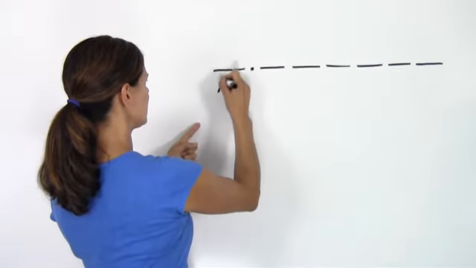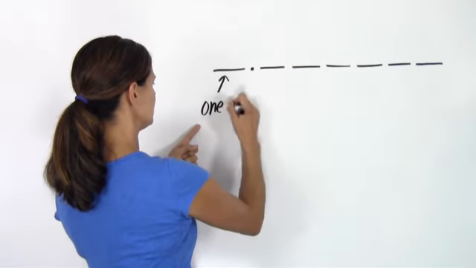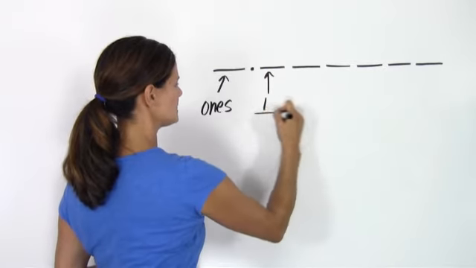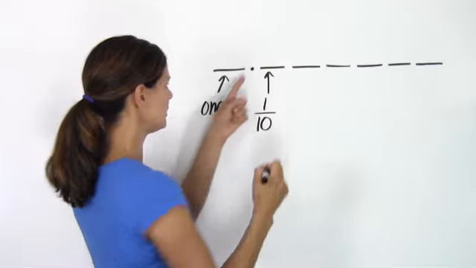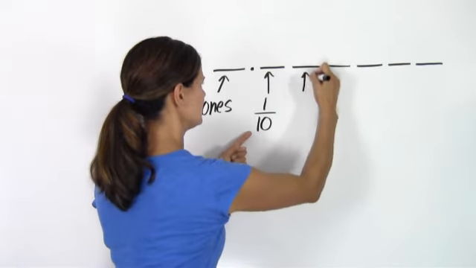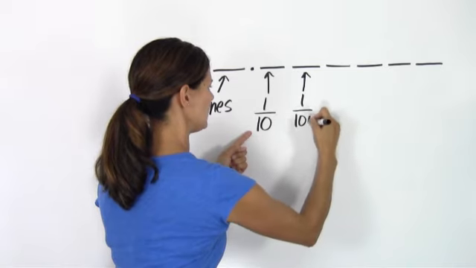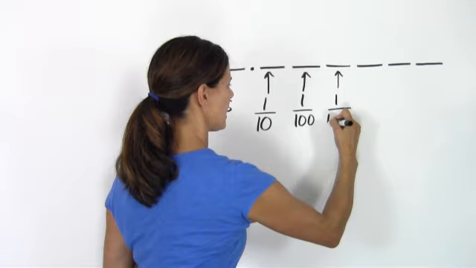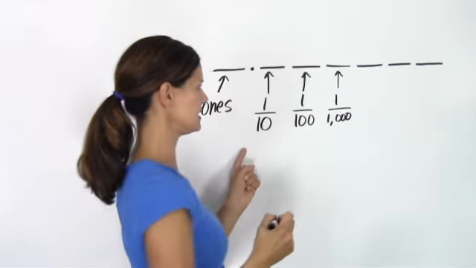So this first one here is my ones place, and then my decimal point. And as we've talked about already, this first number here to the right of the decimal is my tenths place. The next one here is my hundredths place. The next one is going to be my 1,000th place.